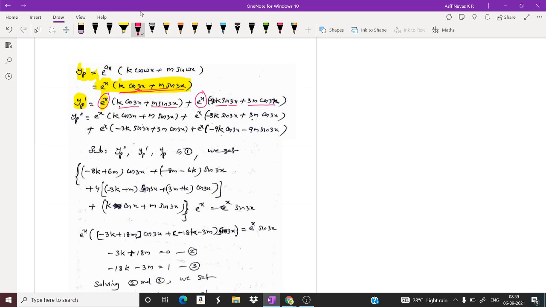Similarly yp double dash is equal to e raised to x, we will find the derivative of this part.